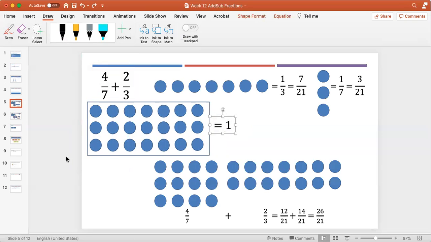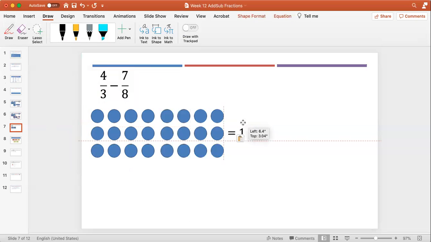This equals 1 here. And then a great step to take to orient yourself is to define these unit fractions for yourself. So what is 1/3, and then what would be 1/8?